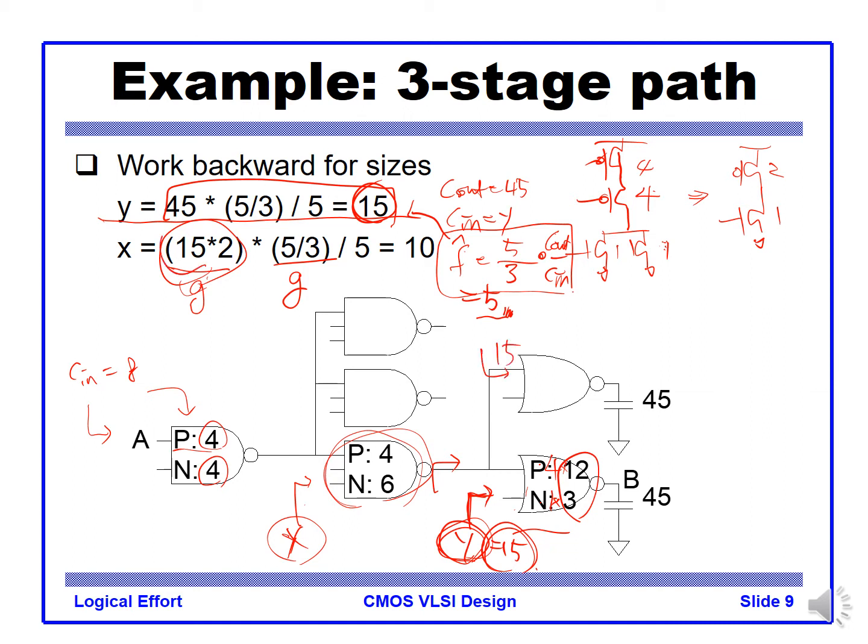So total 30 is the load capacitance, and G is the logical effort, and 5 is the optimum stage effort we found. So from this we can calculate the X, that is 10.